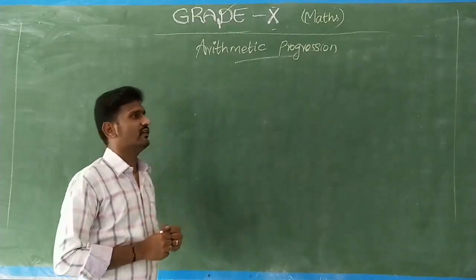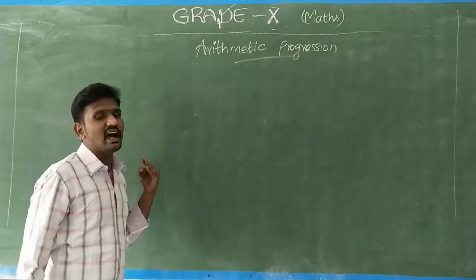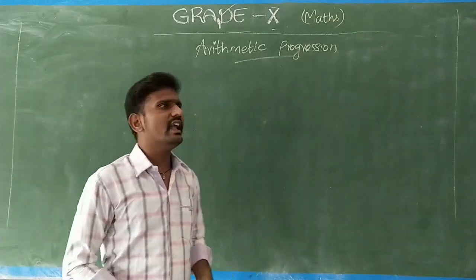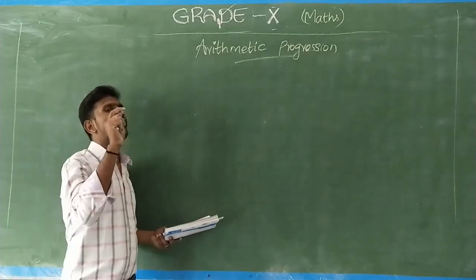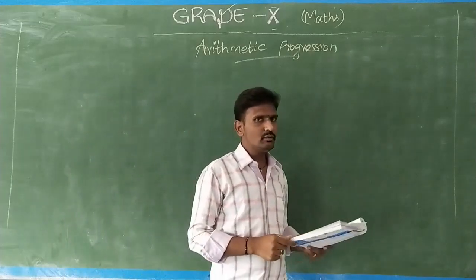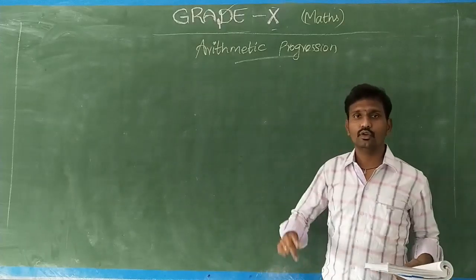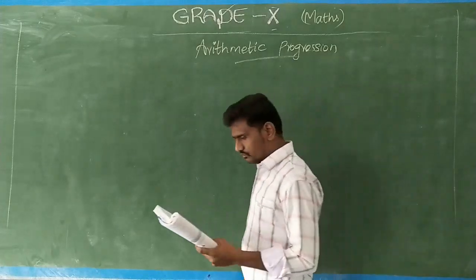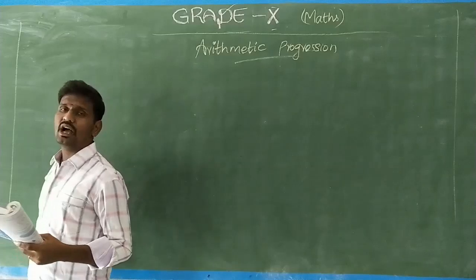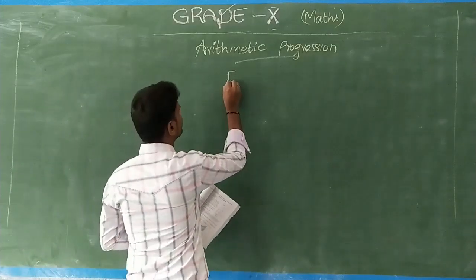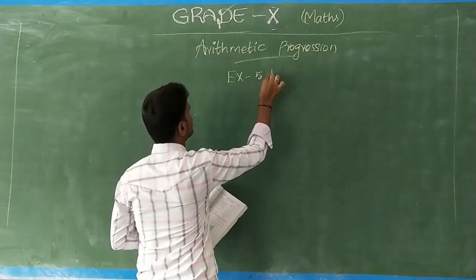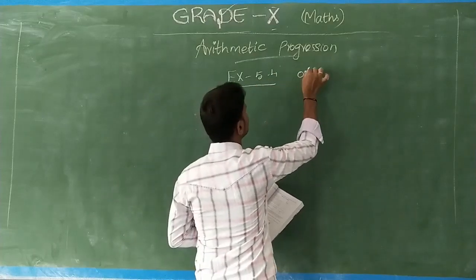Now coming to the optional exercise. I already told you that every unit has one optional exercise, and that exercise is very important for your public exams. In arithmetic progression you have exercise 5.4, which is the optional exercise.